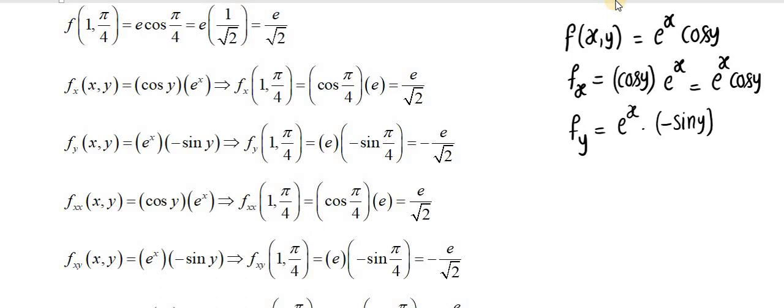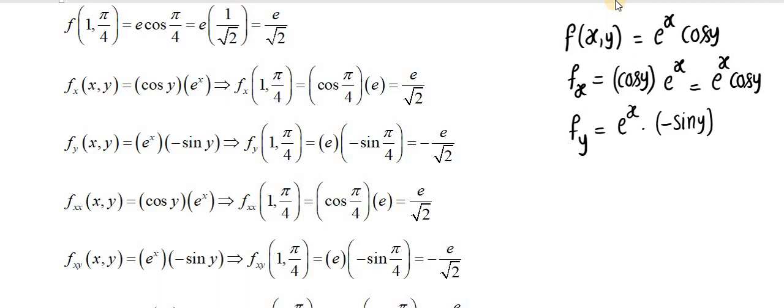Put x equal to 1, y equal to pi by 4. So e power 1, that is e only, minus sin pi by 4. We know the value of sin pi by 4, that is 1 by root 2. E into minus 1 by root 2 is minus e by root 2.